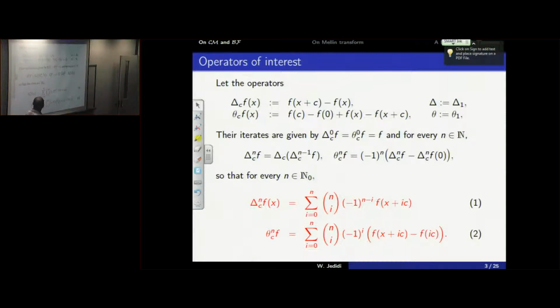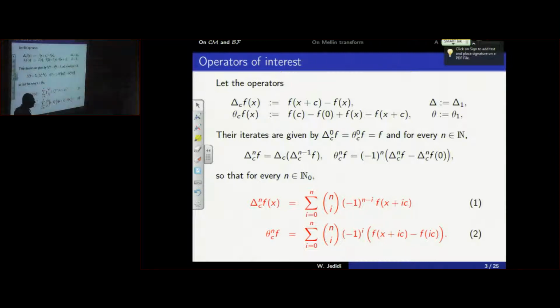The delta and theta difference operators could also be iterated, and we get this very easy formula. The iterate of the delta C operator is given by this sum and difference, and the same holds for theta. We need these operators a lot. Why?